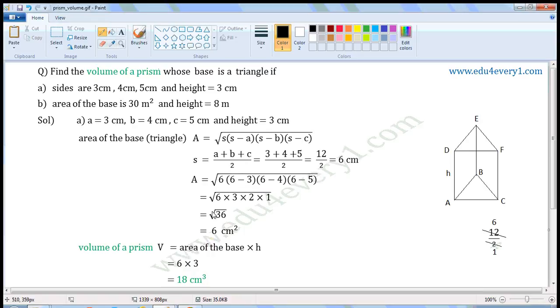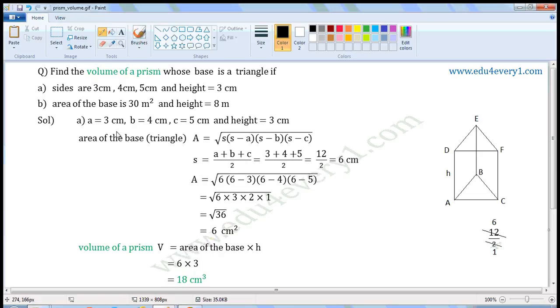So we can write this as root of 6 into 3 into 2 into 1. 6 into 3 is 18, 18 into 2 is 36, 36 into 1 is 36. So we can write this as root 36. Root 36 is 6. So area is equal to 6 centimeters square.